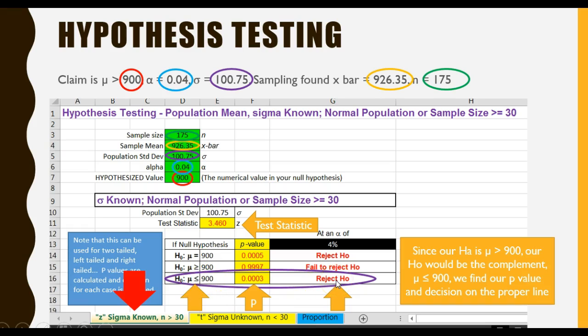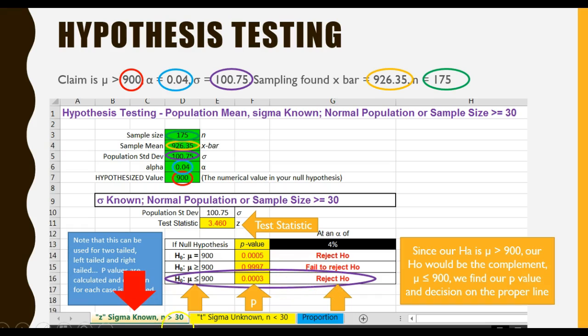I reject the null. Since our alternative was that it's greater than 900, our null is that it's less than or equal to. So we find our p-value right there. It looks and says, okay, is this p-value less than the level of significance? Yes, it's a lot less. If p is less, please reject.